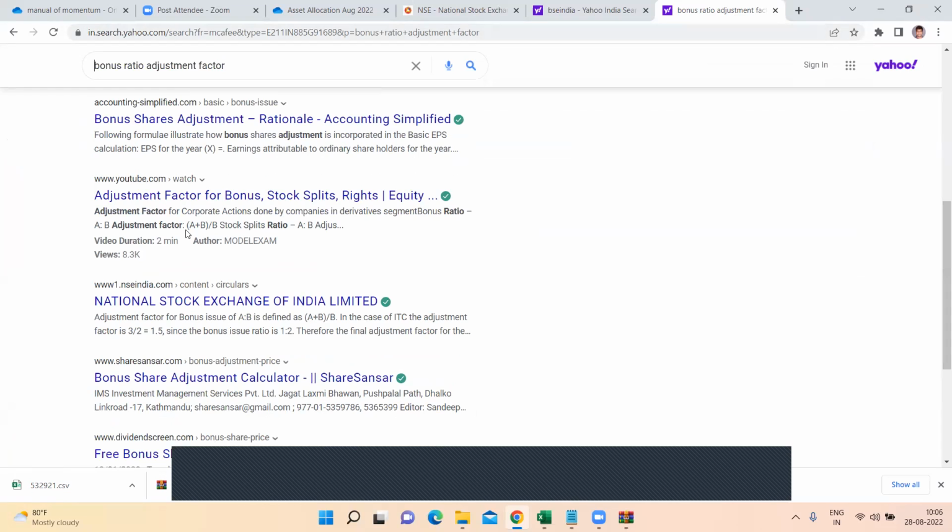This is the one: A plus B by B. That's the adjustment factor if A:B is the ratio. So 1:1, you don't have a problem. 1:2, that's where you have a problem.